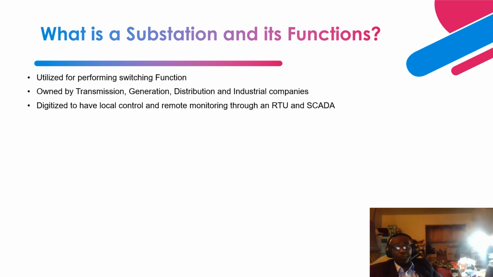From the remote terminal unit, it is integrated to a SCADA system. Sometimes, for an industrial facility, you can have a distributed control system, a DCS, that is utilized to perform remote control and monitoring of a substation.